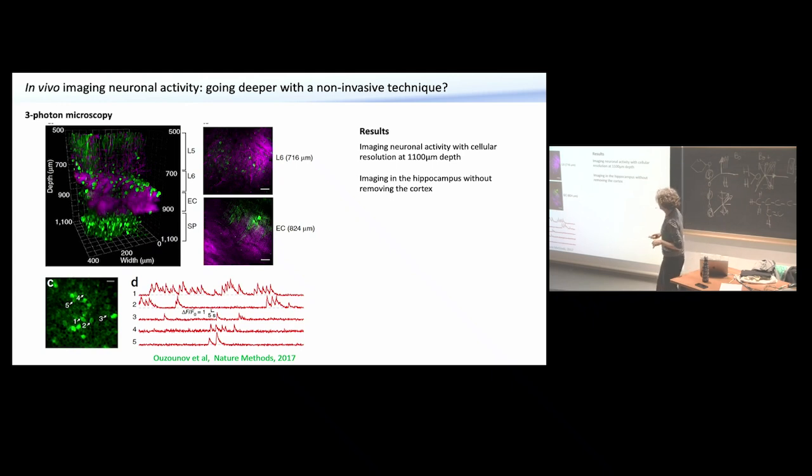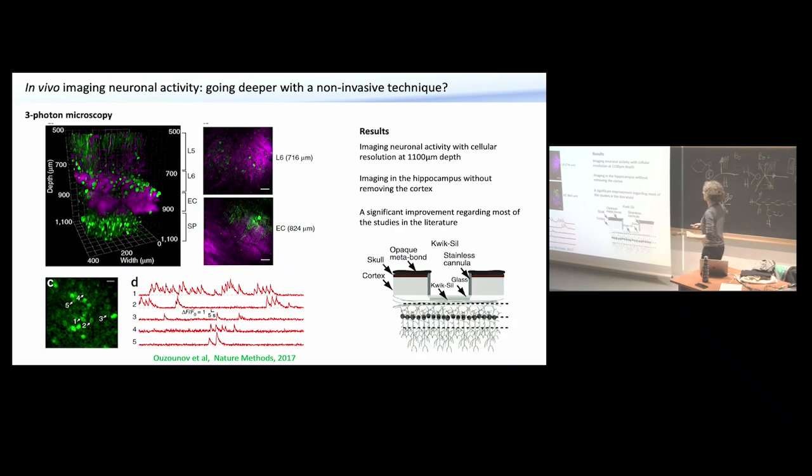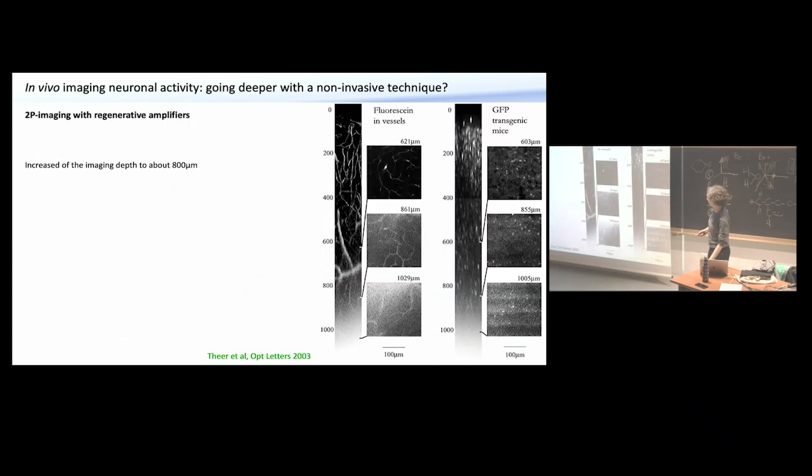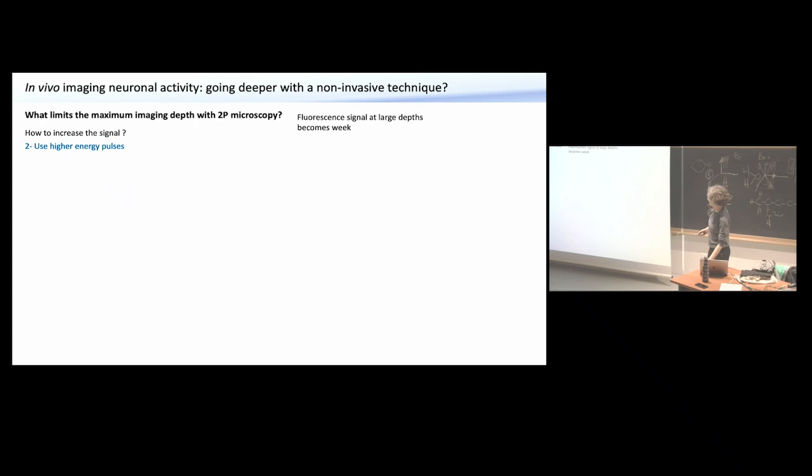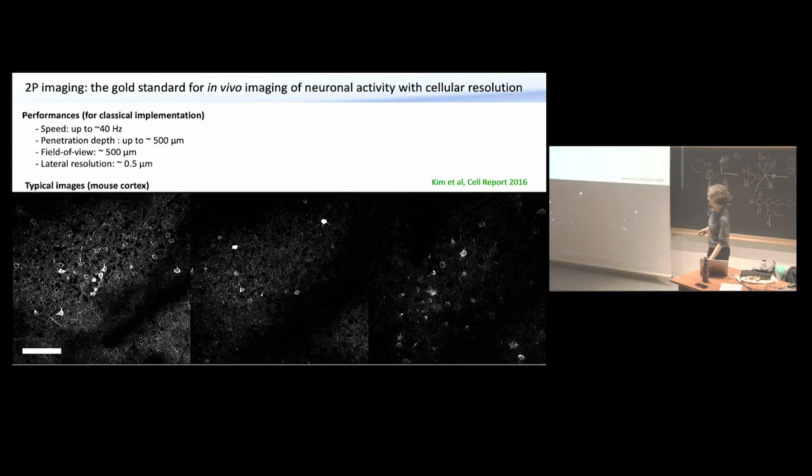And so here is an example still from Chris lab, where they showed imaging of the activity with GCamp in the hippocampus. So without removing the cortex, because what I didn't show you before is with the 2-photon imaging technique that I showed, it was this one.